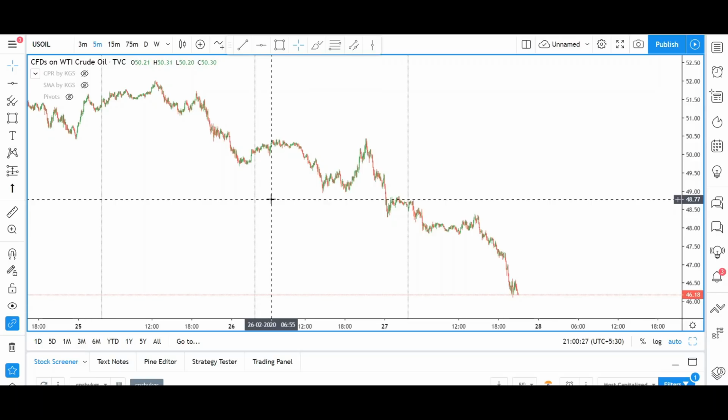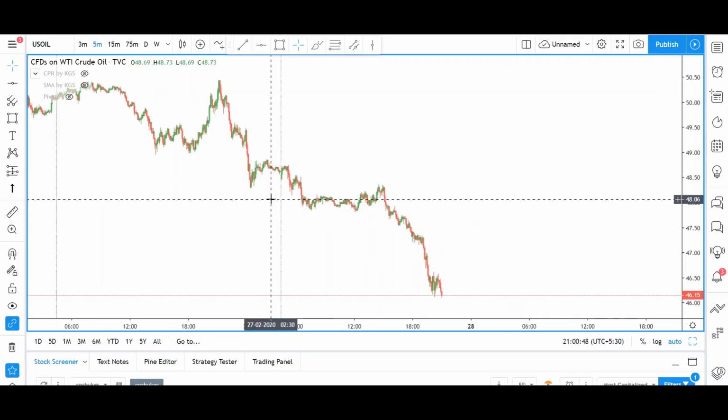I repeat, MCX crude oil is not available in TradingView. You have to view crude oil in dollars only.